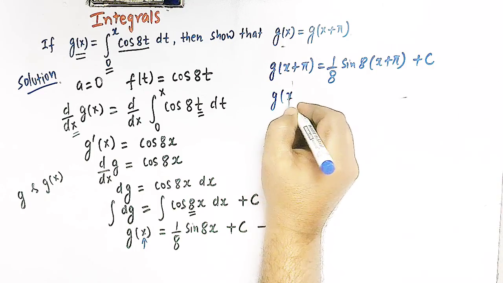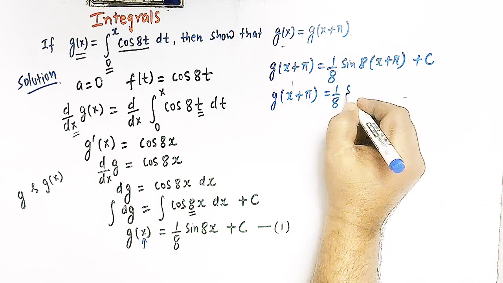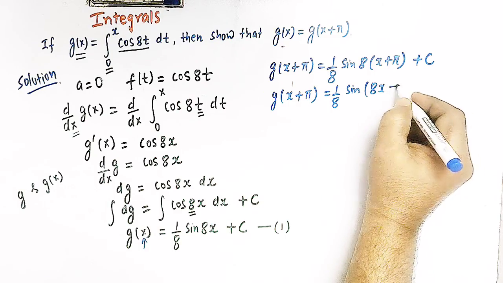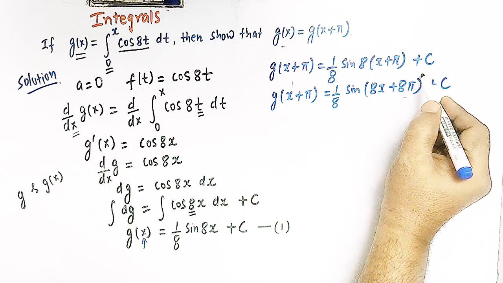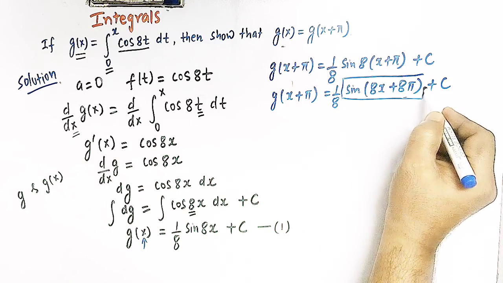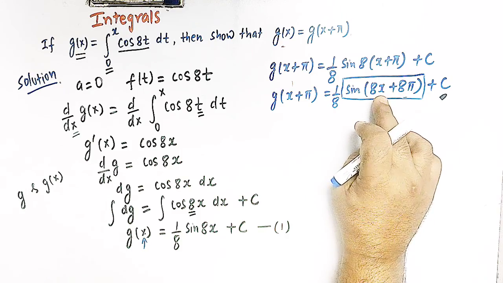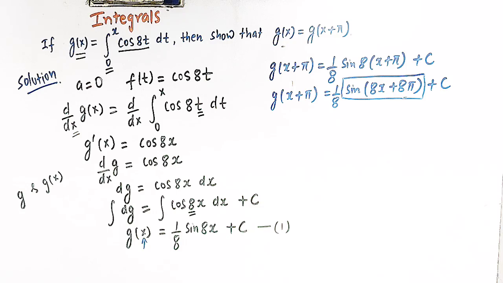So now we can write g of x plus pi is equal to 1 over 8 sine of 8x plus 8 pi, plus c. Now let us express this expression, that is sine of 8x plus 8 pi, with the help of trigonometry.